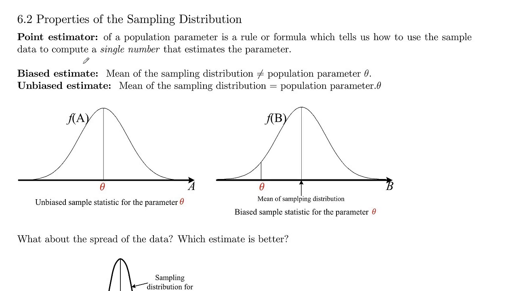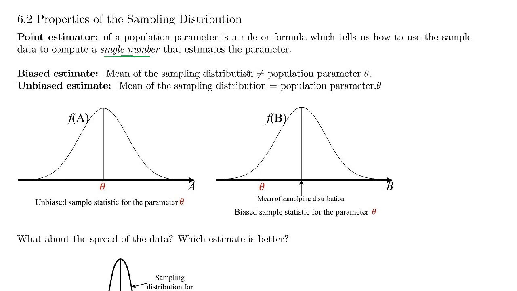So first of all, I want to define a point estimator. So a point estimate of a population parameter is either a rule or a formula which is going to tell us how to use sample data to compute a single number that estimates a parameter. So we had talked about point estimates.